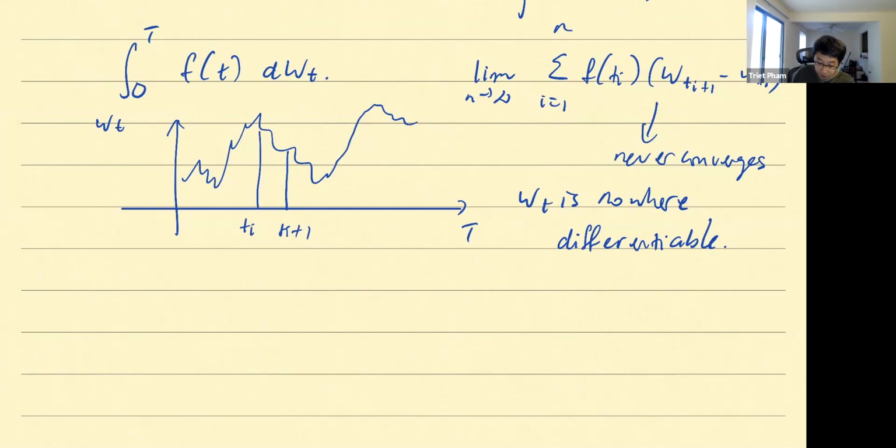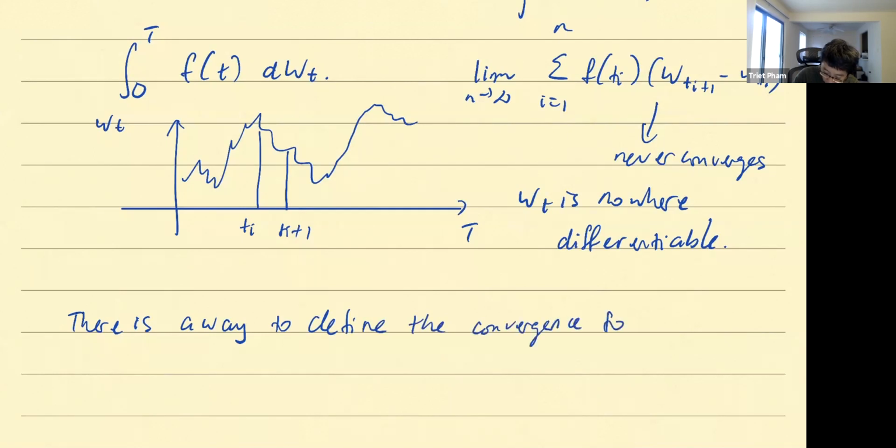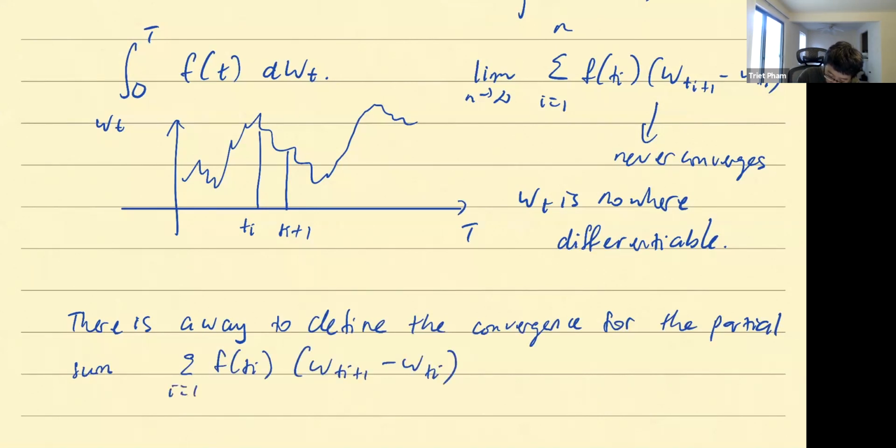I'm just going to wave my hand and say there is a way to define the convergence for the partial sum, in the mean square convergence sense.